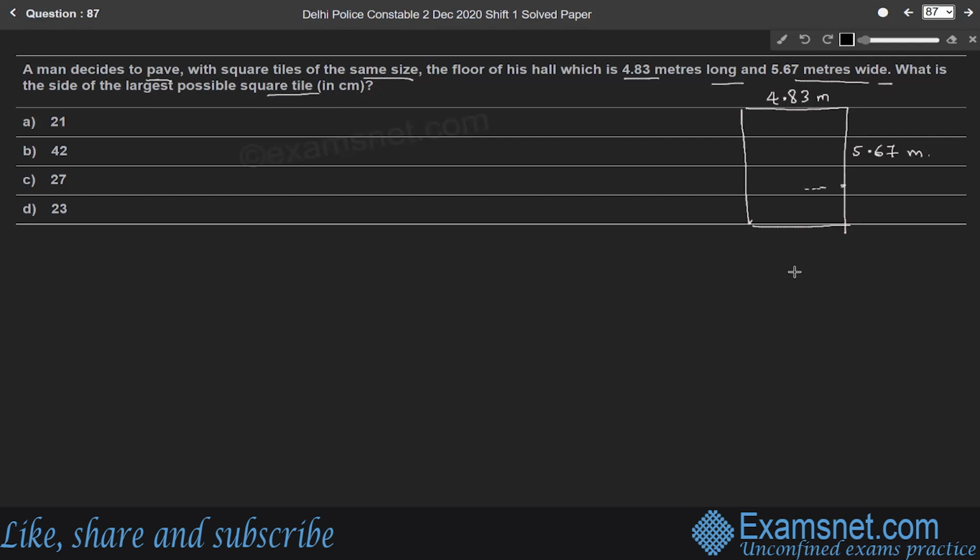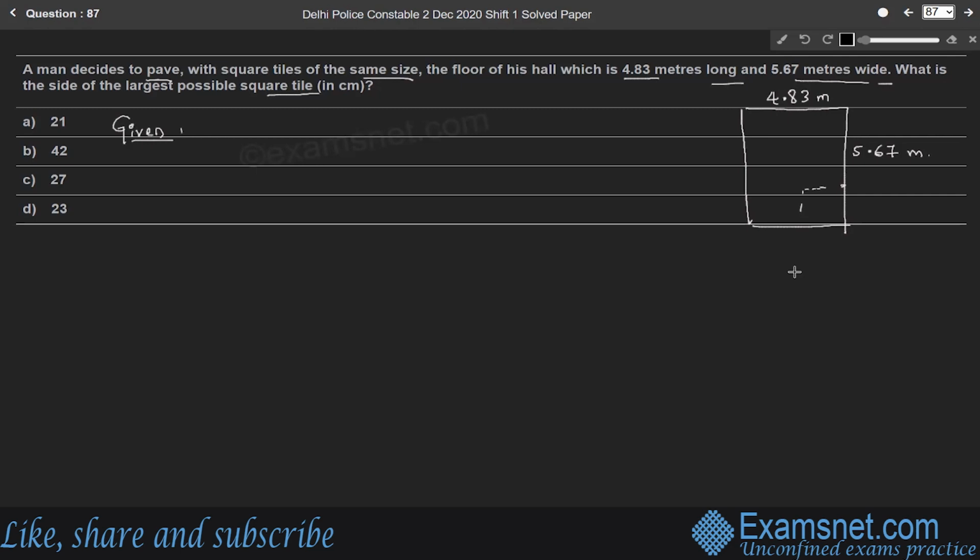So the dimensions of largest possible square tile, so that there will be same size of square tiles in the hall, right? Therefore, let us go step by step.